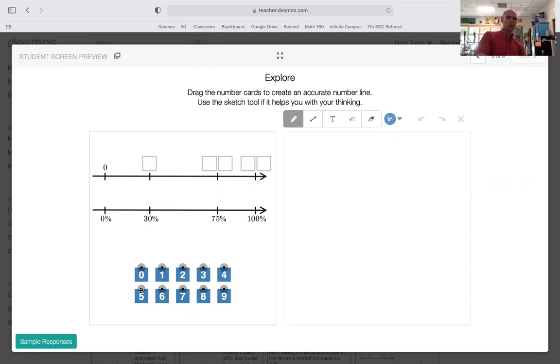My first instinct would be to try 50 because then no, so I already know that that's not going to work because since 50, well, wait, 75% of 50, each 10% is 5. Nope, I think that's going to come out to a decimal, so I don't think that's going to work.